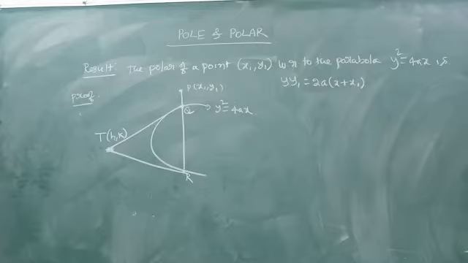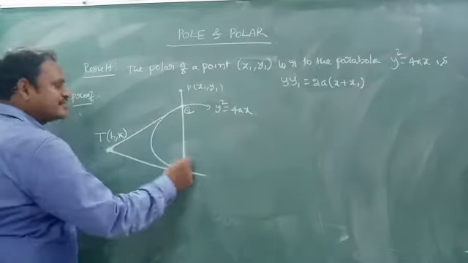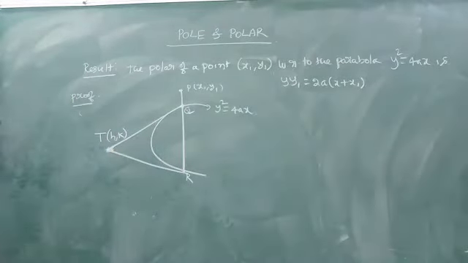Then you see here, my dear students, QR is the chord of contact of tangents drawn from T h comma k. This is what you call the chord of contact, drawn from T h comma k to the parabola y square is equal to 4ax.